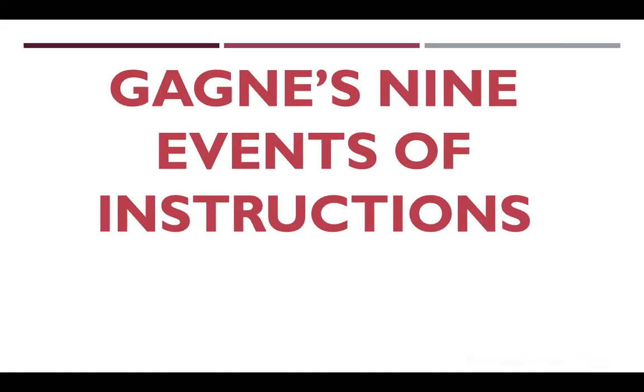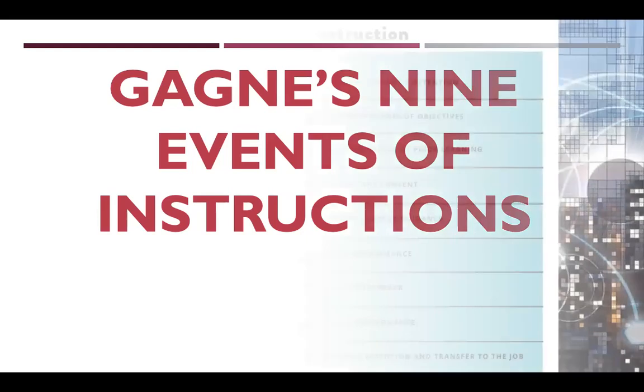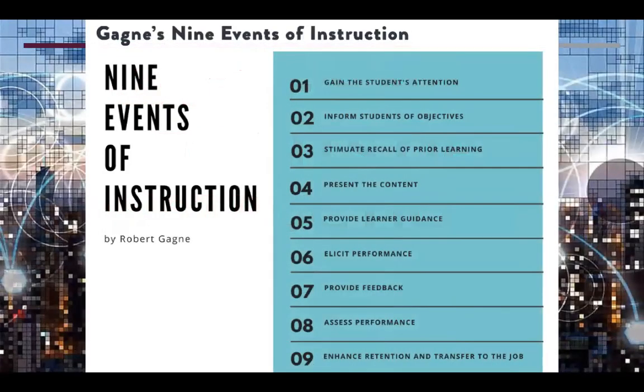So next, we move toward the third one, Gagne's 9 events of instruction. This is one of the models which gives you different parts. These are the 9 different steps you have to follow.